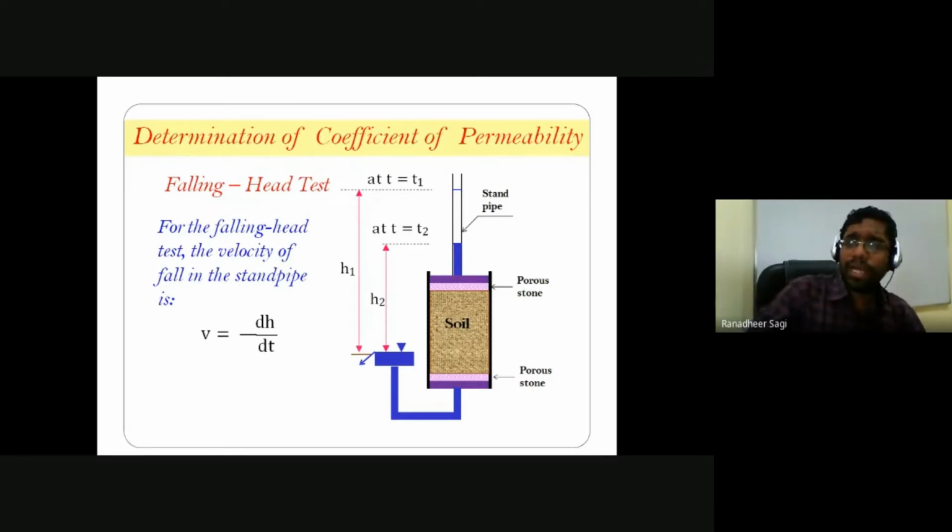Now what has happened with increase in time? What has happened with regard to the total head available? Total head available between upstream and downstream is decreasing with increase in time. I repeat, the total head difference between upstream and downstream when the flow is taking place through the soil sample is decreasing with increase in time. Okay, that is something very important for us to understand.